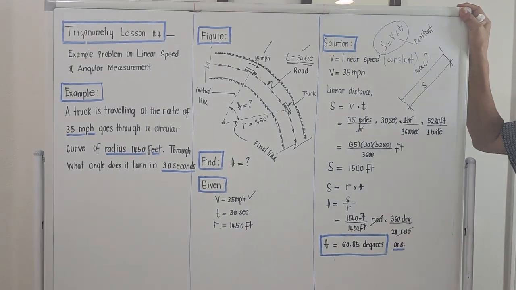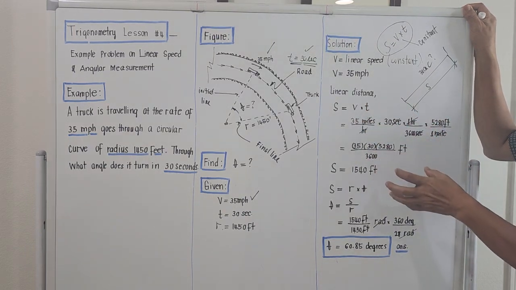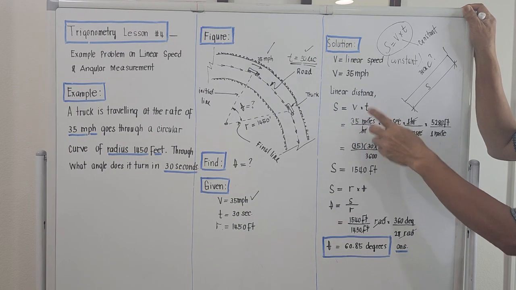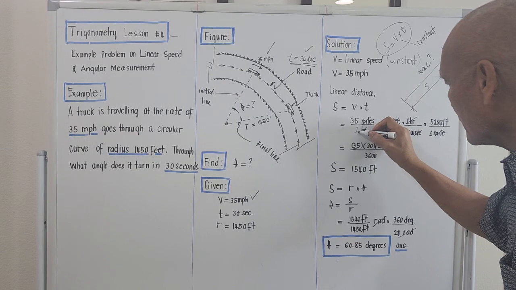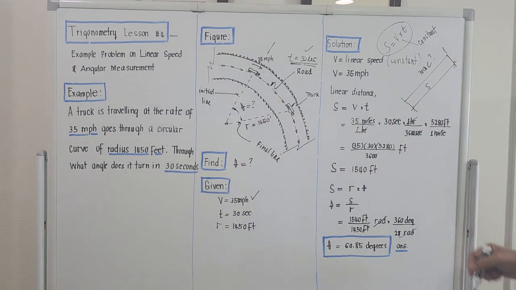Okay, let's try to put the values with the proper designation. Velocity is 35 miles per hour, meaning per 1 hour, right? The time is 30 seconds. So this is times 30 seconds.